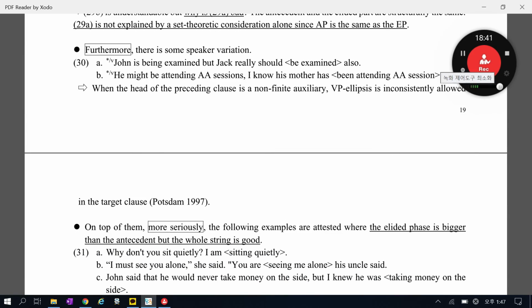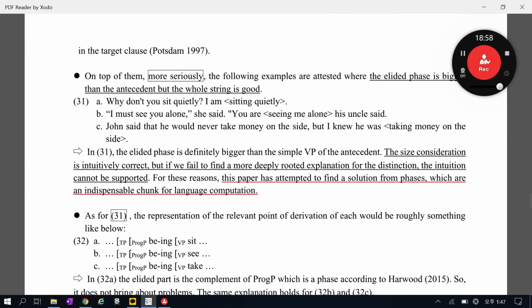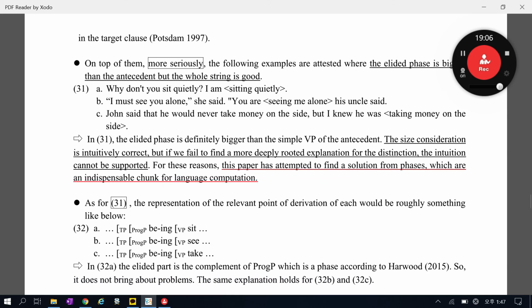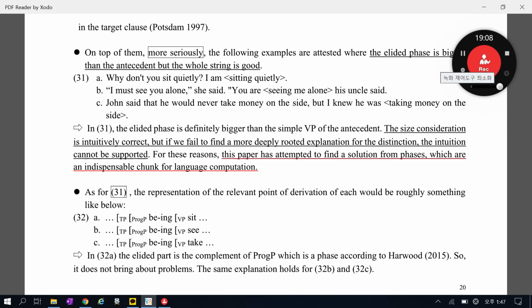Look at 30. When the head of the preceding clause is a non-finite auxiliary, VP is inconsistently allowed in the target clause, which was noticed by Potsdam early in 1997. On top of them, more seriously, the following examples are tested when the elided part is bigger than the antecedent, but the whole string is good.